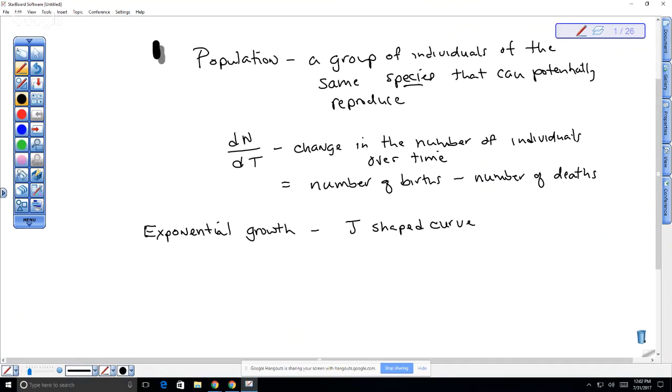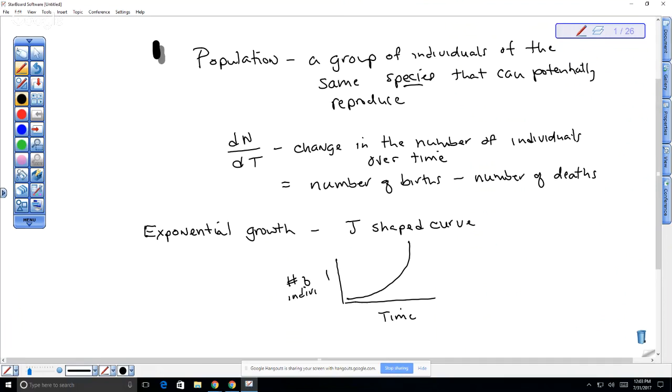And so when we talk about the J-shaped curve, if we look at a graph here, this is time, and this is the number of individuals. So what happens is that it starts out relatively small, and then you have this dramatic increase over time. And so it becomes a J-shaped curve.